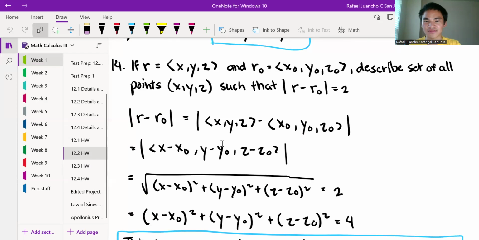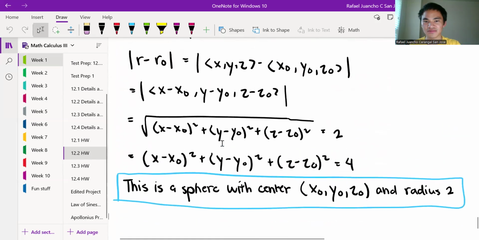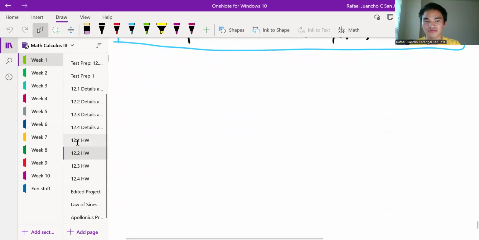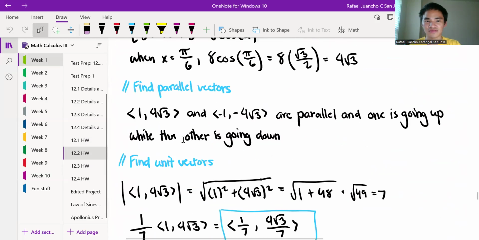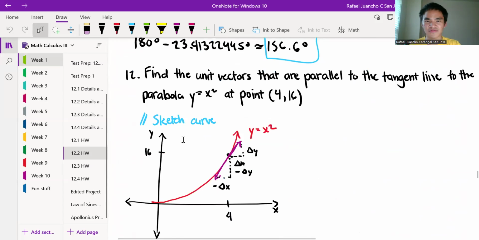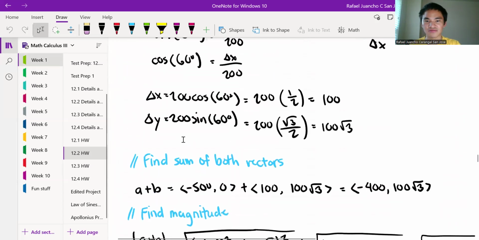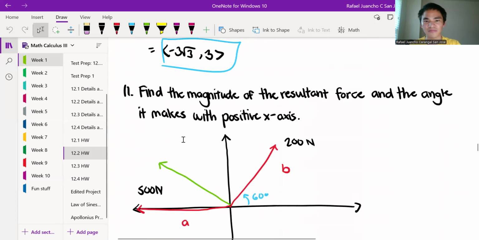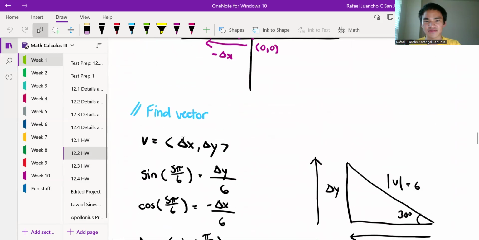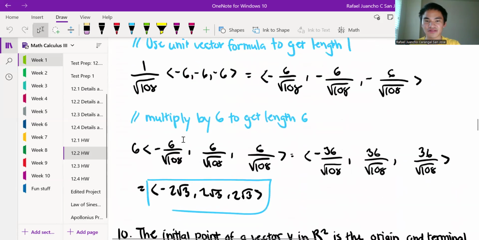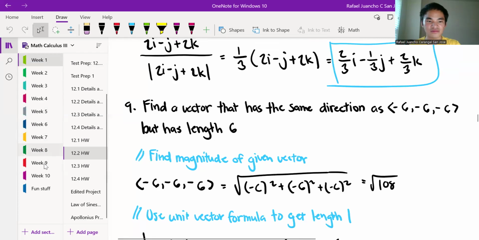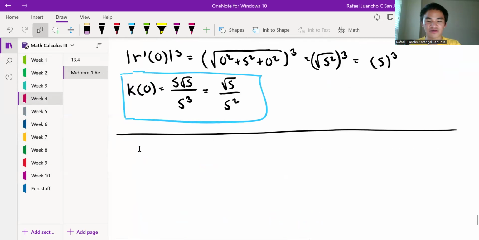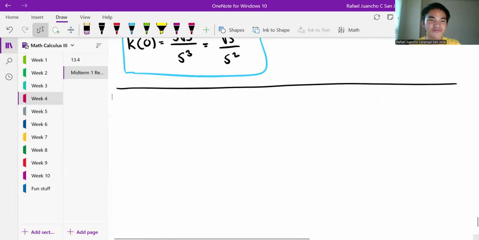Describe points. Oh, what is this? Describe the set of points? What does that mean? Okay, let me do one from something a while back. Oh, is this given? I'm not sure if it's given. I totally forgot. Okay, maybe I'll do some homework problems. Let me just go for it.